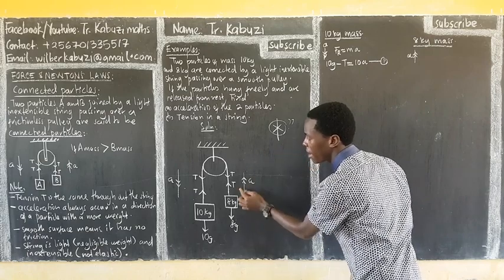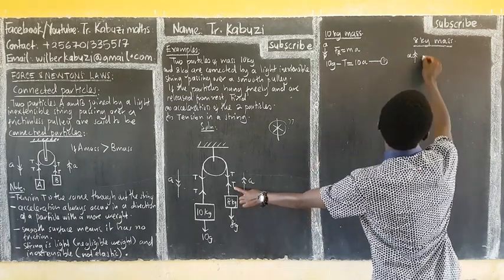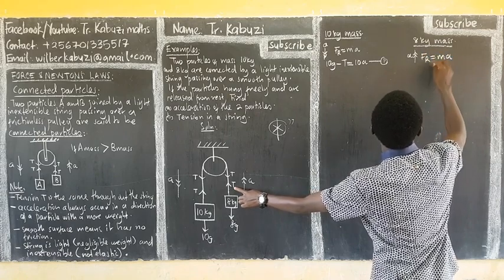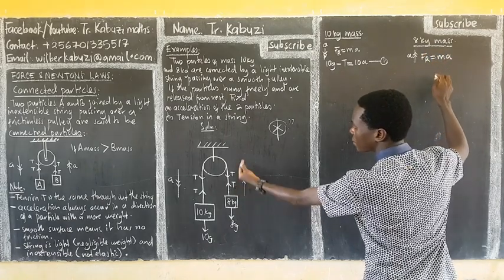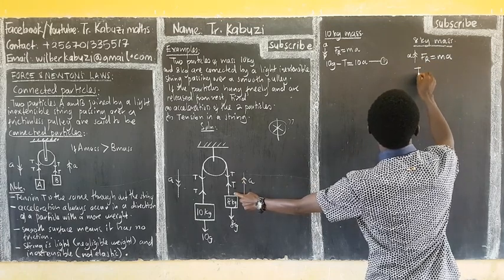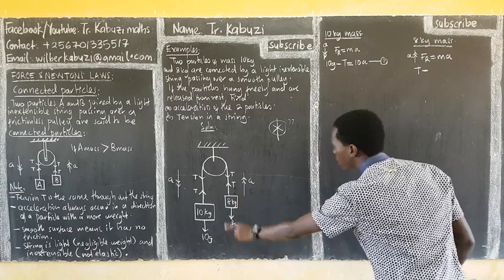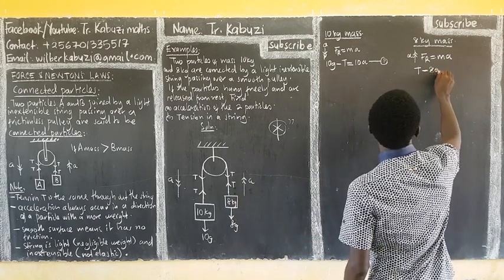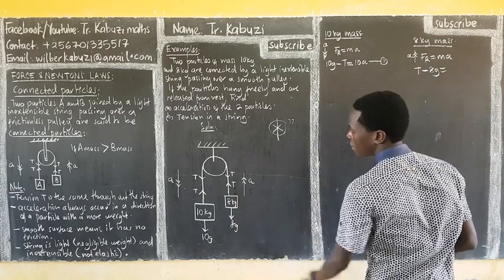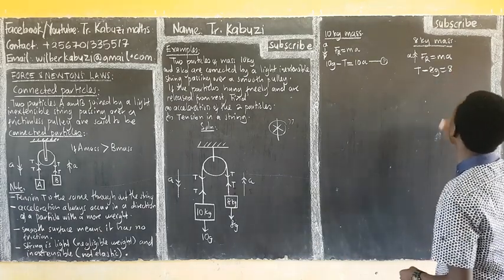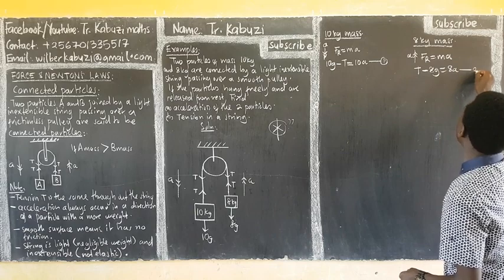What is pulling it upwards is going to be T. So we have Fr equaling ma. The resultant is T, minus the force which is opposing, the weight saying here I'm going down, equaling the mass of this particle, which is 8, times the acceleration a. We call this equation 2.